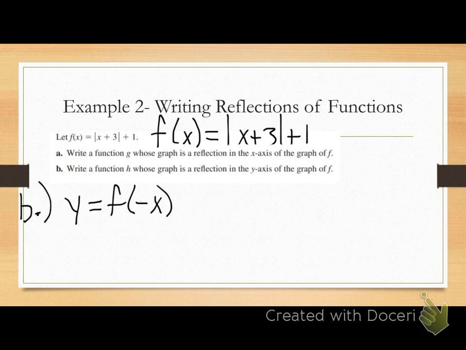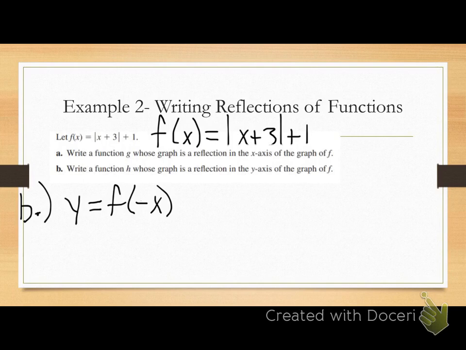Okay. Now I'm plugging something in for x, right? Because it's telling me to find f of negative x. So what am I replacing my x with? Negative x, right? Usually that's f of x, but now it's f of negative x.